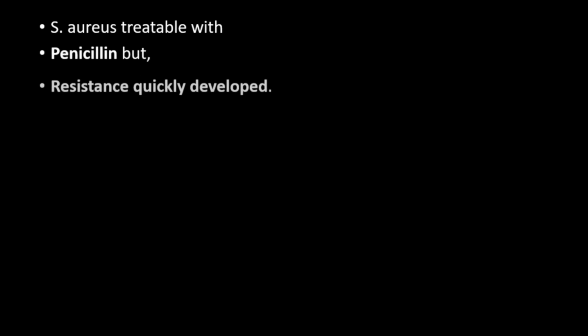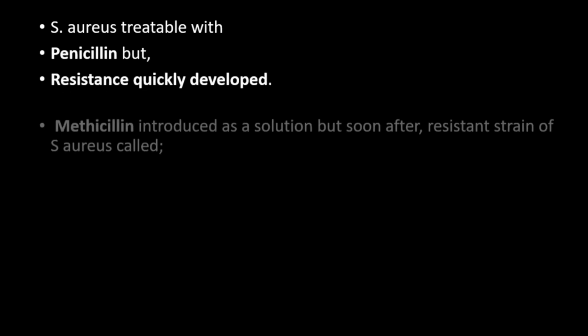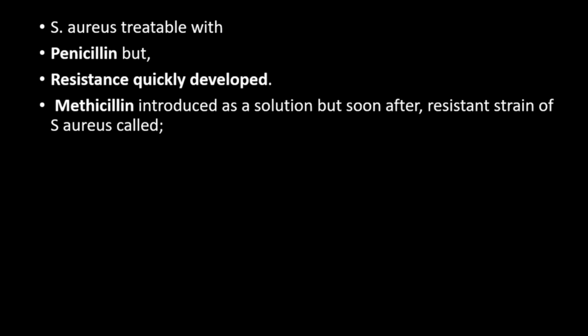Originally, Staphylococcus aureus was treatable with the antibiotic penicillin, but resistance quickly developed. In the 1960s, methicillin was introduced as a solution, but soon after, resistant strains of Staphylococcus aureus appeared, hence the name MRSA, which stands for Methicillin-resistant Staphylococcus aureus.